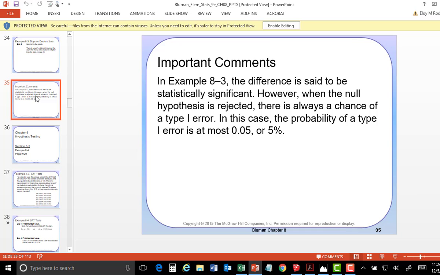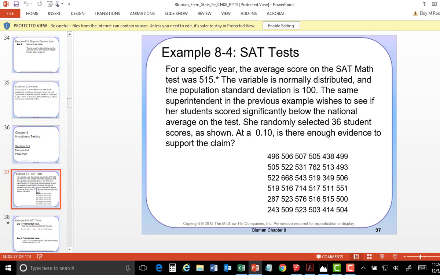All right, so let's go here. Okay, here's the SAT test that you would take for this entry exam. The average SAT score is 515, and it's telling you it's normally distributed, right?